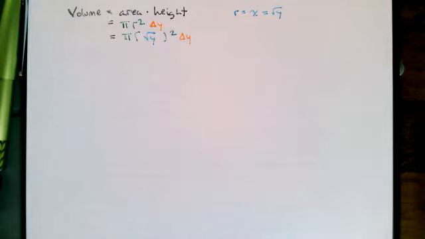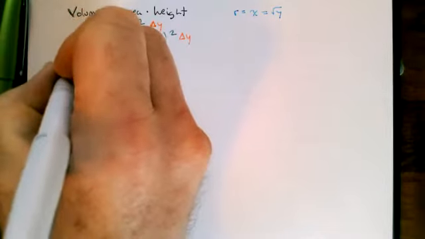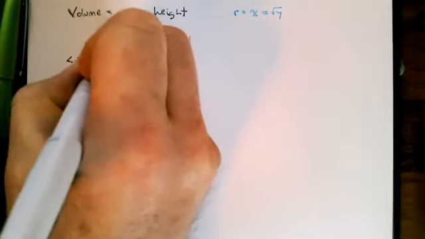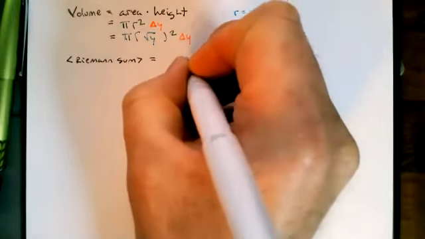Now we need to add up all such areas and turn this into a definite integral. So there's a Riemann sum. And then this is going to give us a definite integral.